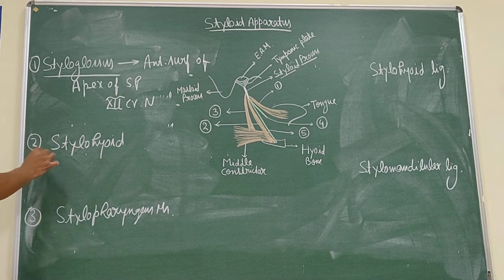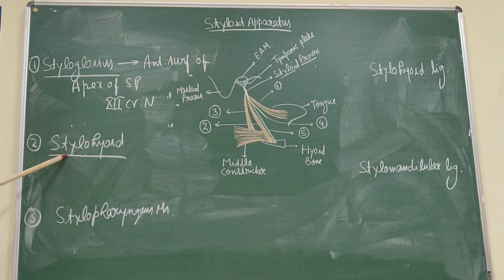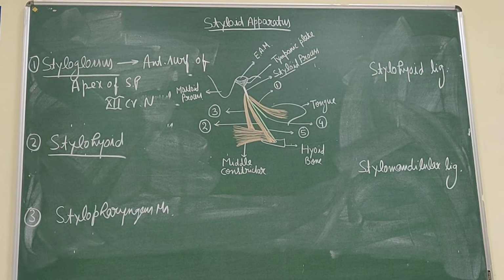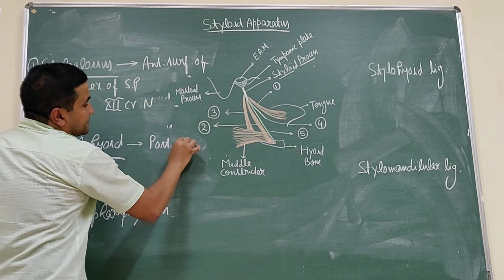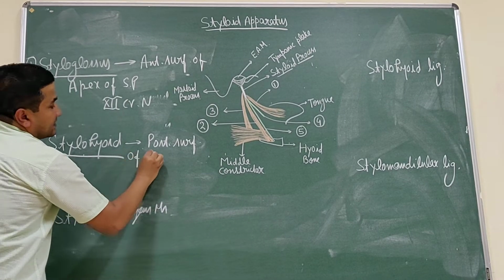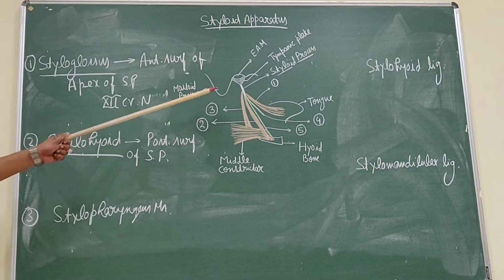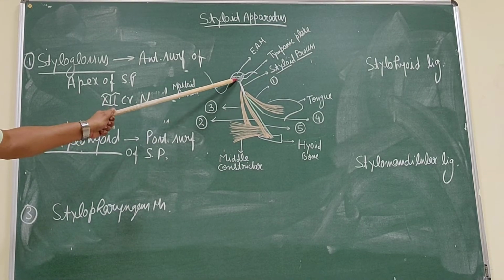Now the stylohyoid muscle takes origin from the posterior surface of the styloid process, between the base and the apex.